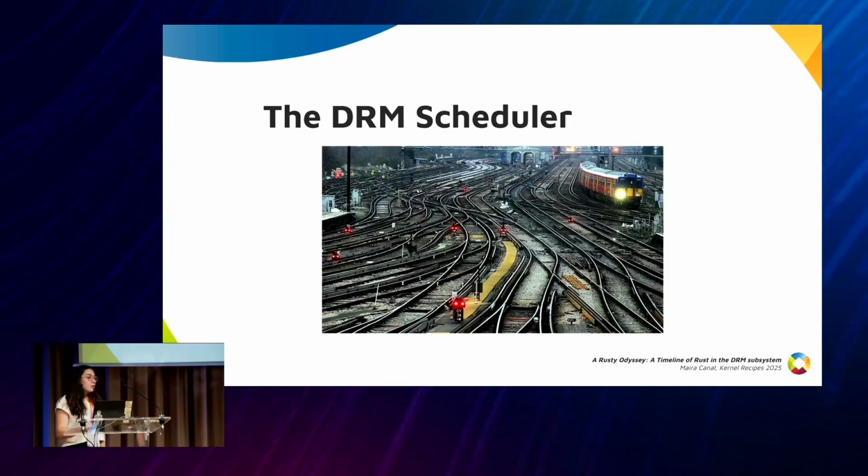So the point is that the DRM scheduler can be really tricky. And it's not really trivial to deal with the scheduler. And some adjustments needed to be made on the C side to make things go forward. Otherwise, we are not able to make this mental model very clear.